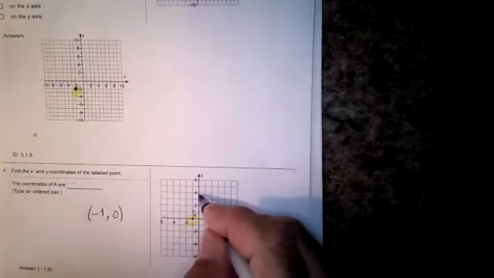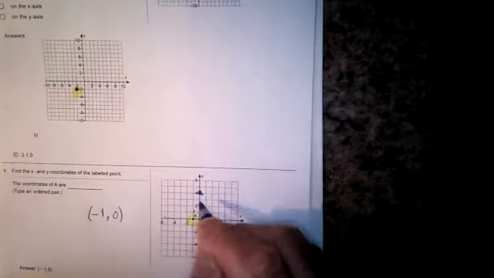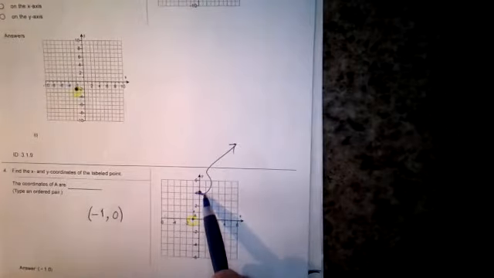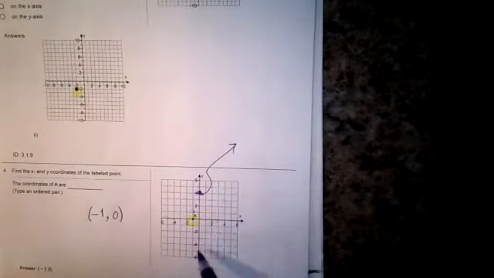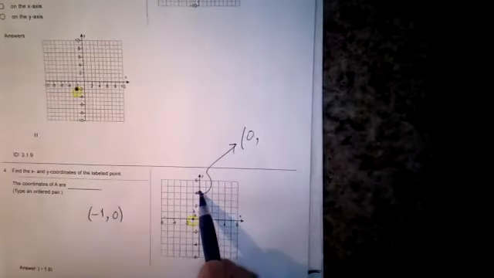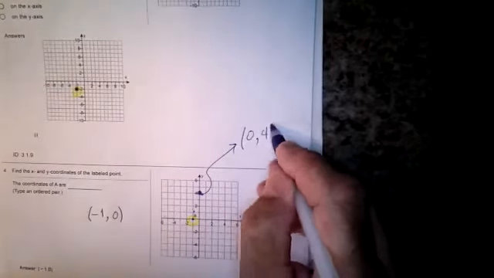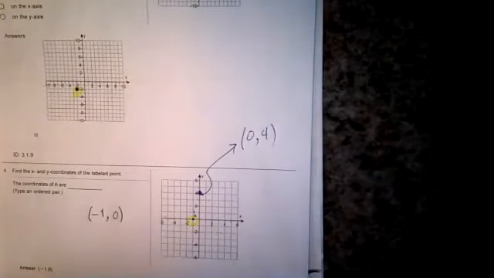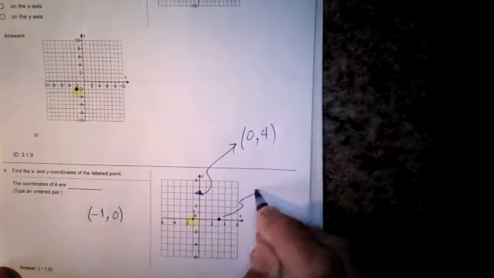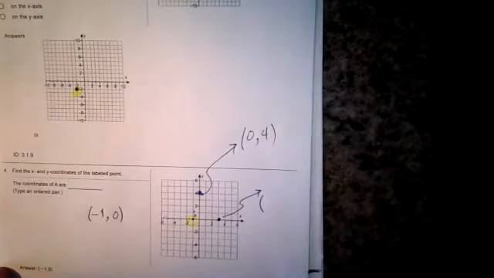For instance, what are the coordinates of this point? Does it have any x? No, because it's on the y-axis. So x is 0. And what is the y value? 4. What are the coordinates of this point? It lies on the x-axis, okay?